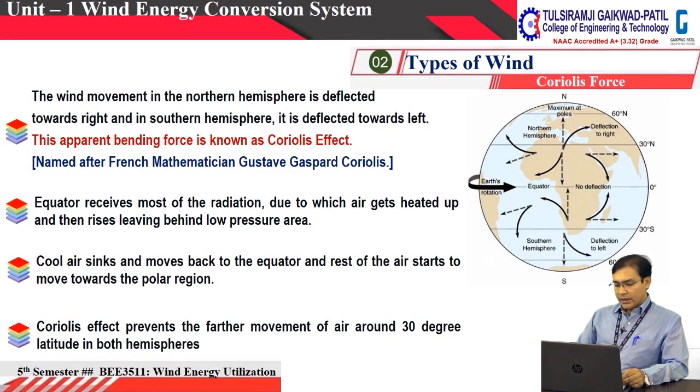Around 30° latitude in both hemispheres, the Coriolis force prevents the air from moving much farther. At this latitude, there is a high pressure area as the air begins to sink down again.